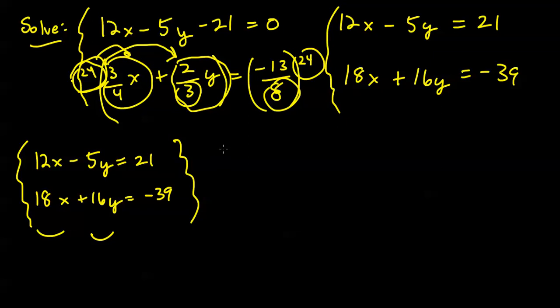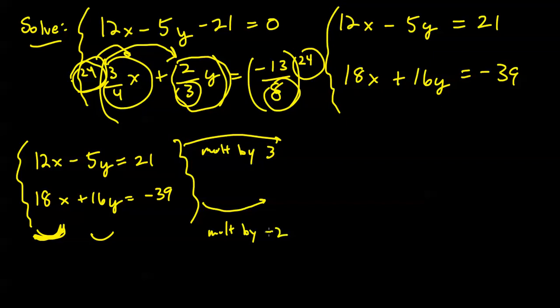I'm going to take this first equation, this top equation, and multiply by positive 3. Why am I doing that? Well, I think I can say 3 times 12x is 36x, and I'm going to look to eliminate the x variable. Right? 36 is also a multiple of 18. Alright, so I'm going to multiply the top equation through by 3, and multiply the bottom equation through by a negative 2.